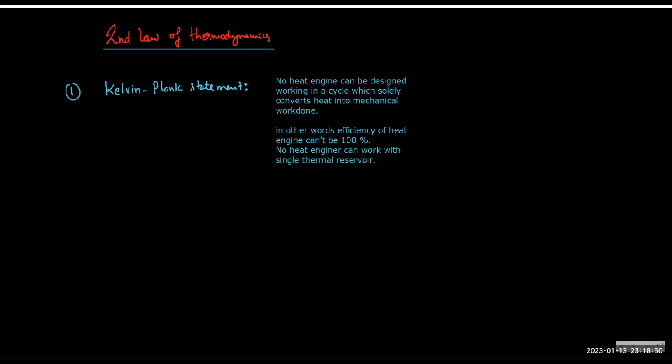We need a source and we need a sink as well, because the human body itself is an engine with efficiency following which curve? The bell curve. So as you grow, your efficiency first increases, reaches the peak in your youth, and then as you grow older, that efficiency decreases.